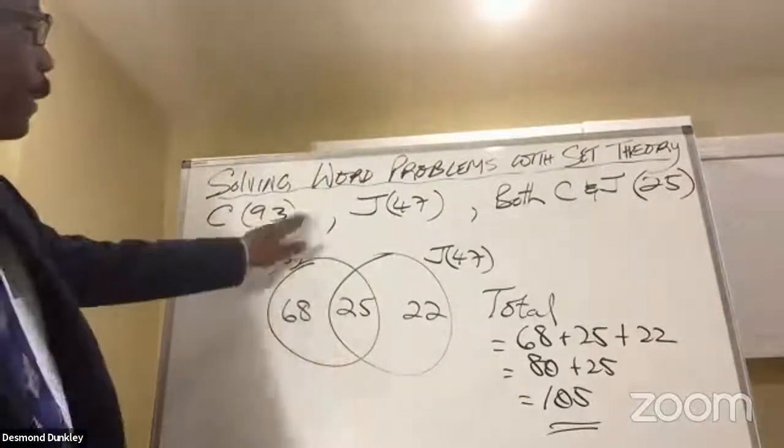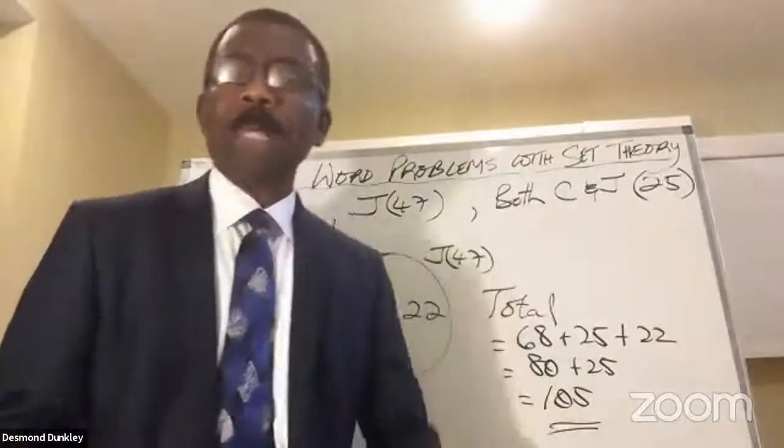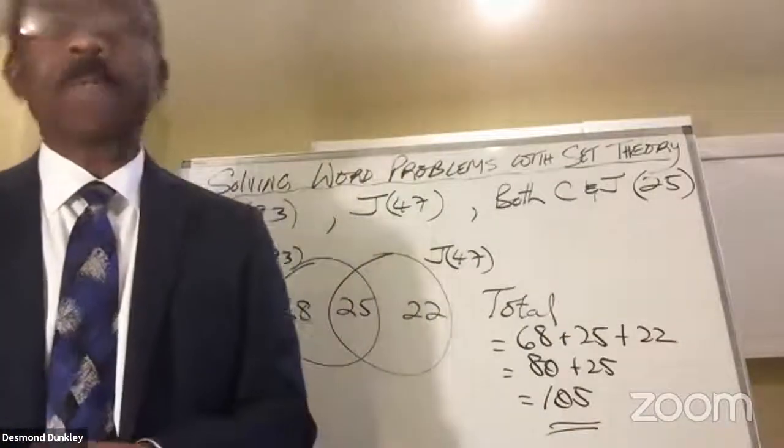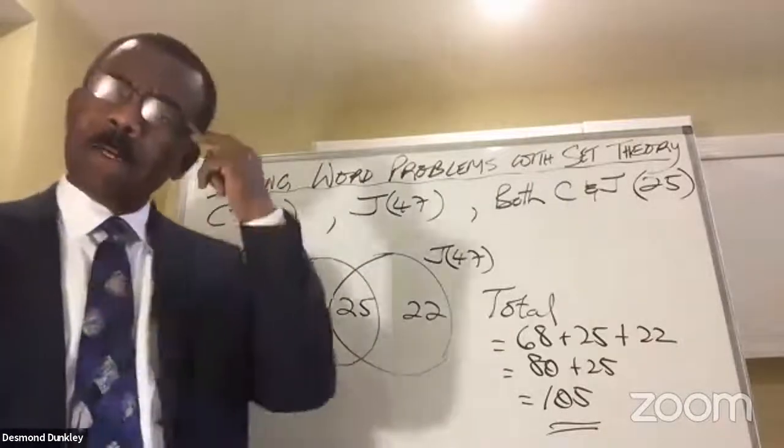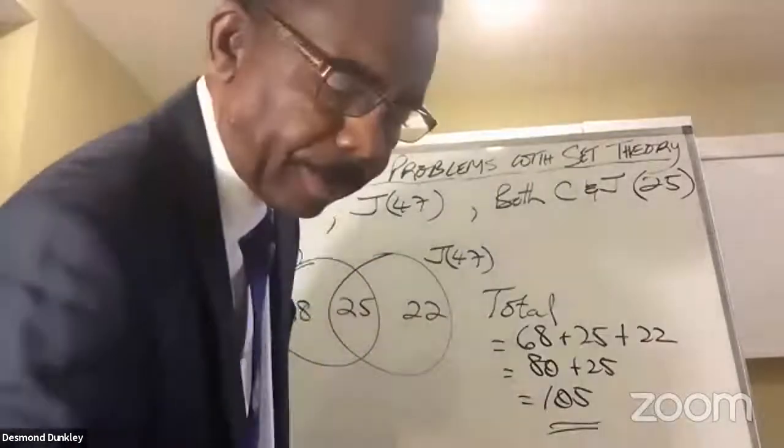Again, just looking at these numbers like that might not be as easy to understand how to get the answer. But once you put it together in this format, it becomes easier to see. Okay?